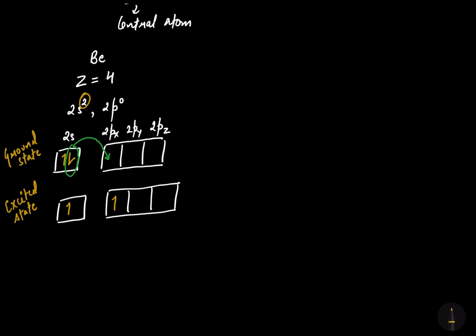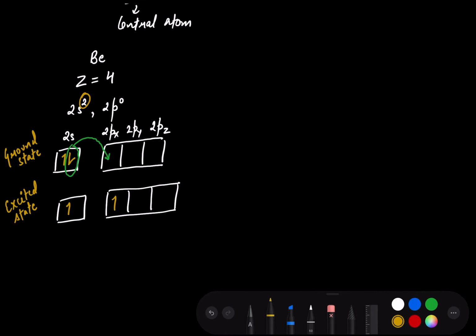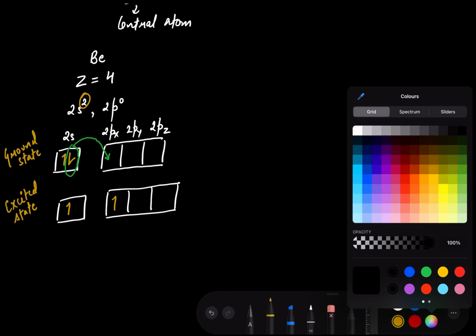So now we have two electrons in different orbitals, so beryllium can now form two bonds with two chlorine atoms. Now, after that, what's going to happen? There will be intermixing of the orbitals having electrons.